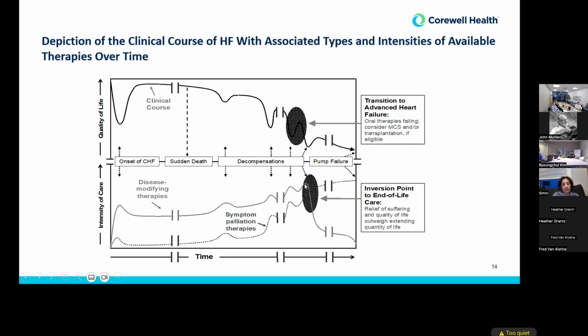So even though some of these advanced therapies may prolong life, it doesn't always impact quality of life in a positive way, and it still requires an increase in intensity of care. So just keep in mind that our palliative care services become even more important as patients receive these advanced therapies.